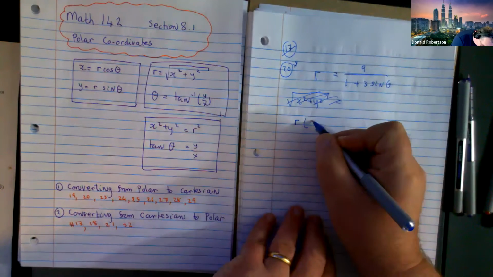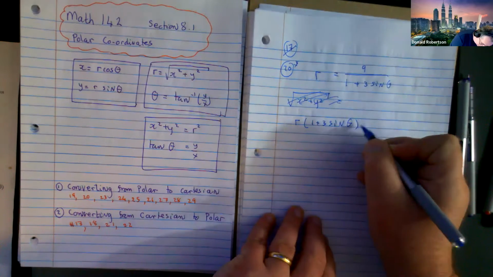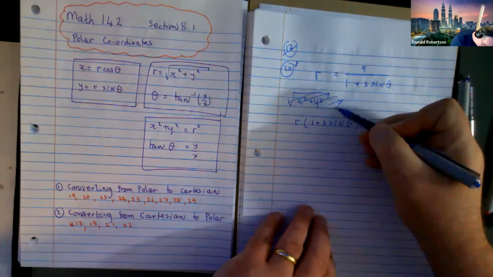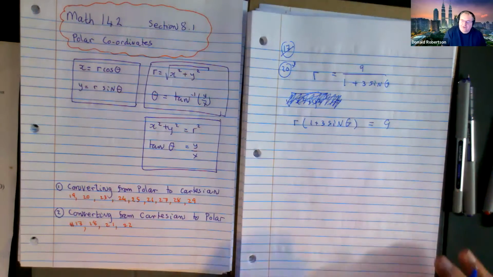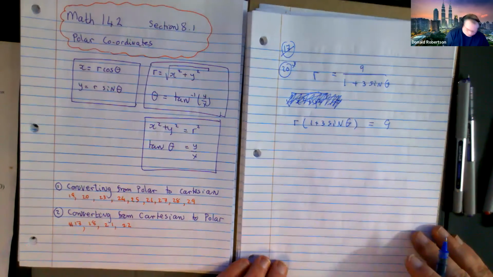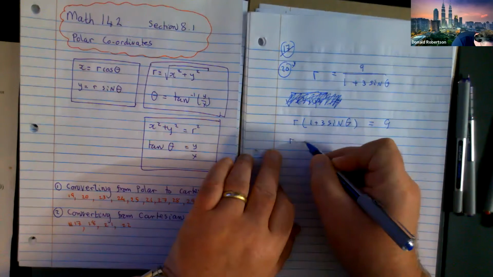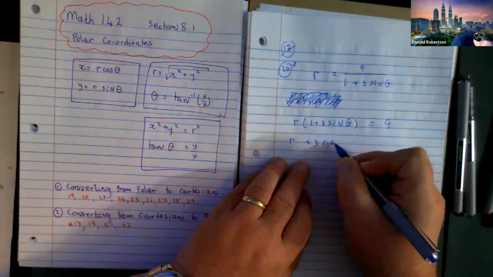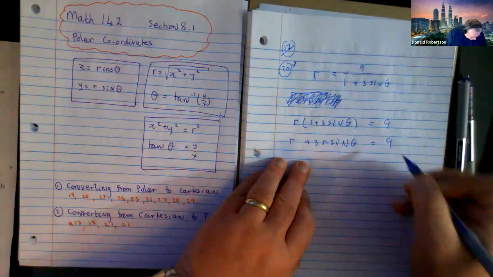And that's r times 1 plus 3 sine theta equals 9. And the reason I'm doing that is I don't like fractions, because fractions tend to make things horrible. Now I'm going to do r plus 3r sine theta equals 9.